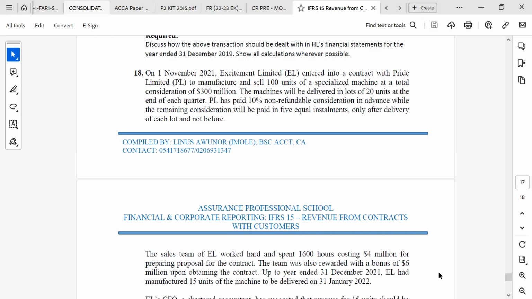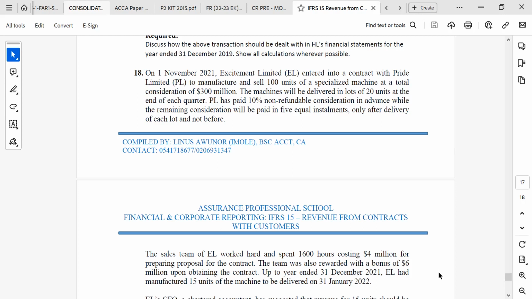It means that as soon as we have done part of the completion, you recognize revenue. The machines are specialized in nature, which means that you are going to be delivering them in batches of 20. Every delivery will be 20. But we have produced 15 before the year has ended.